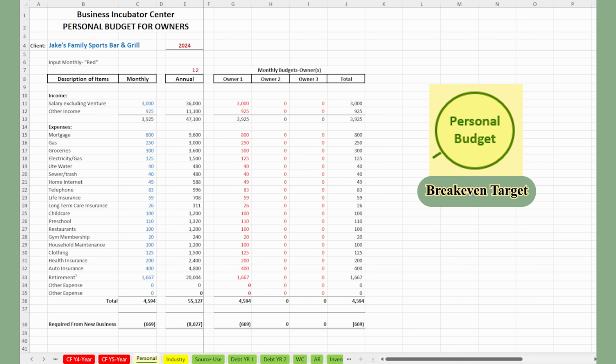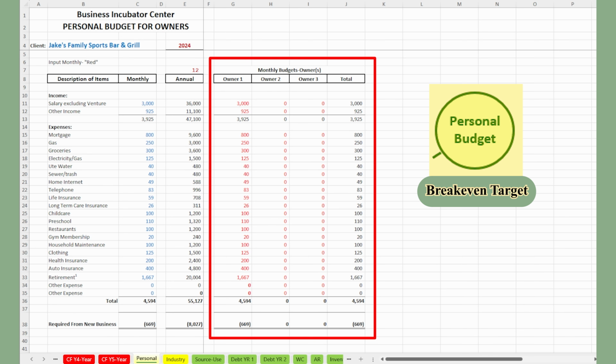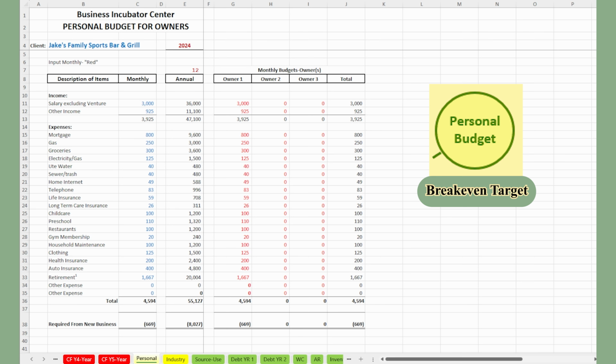The enhanced model has been expanded to include 3 owners rather than 1, and it automatically feeds break-even information to the cash flow tabs. Otherwise, this tab works the same in both models.